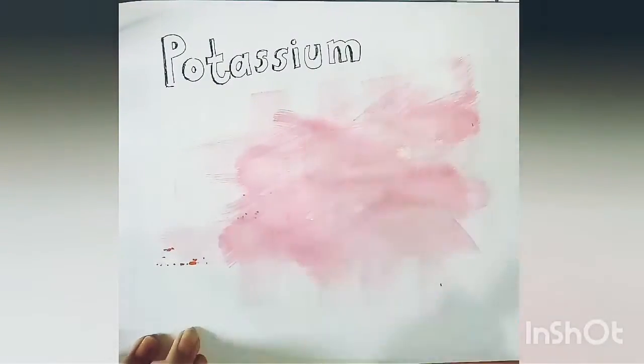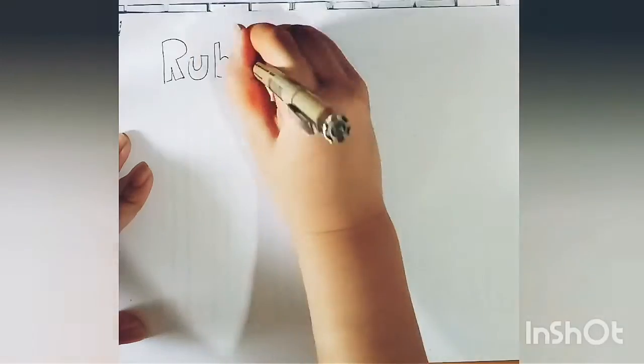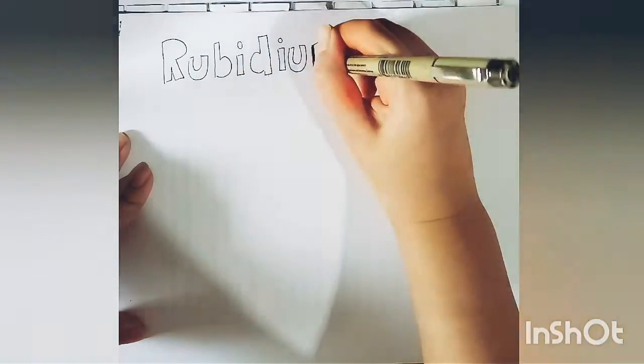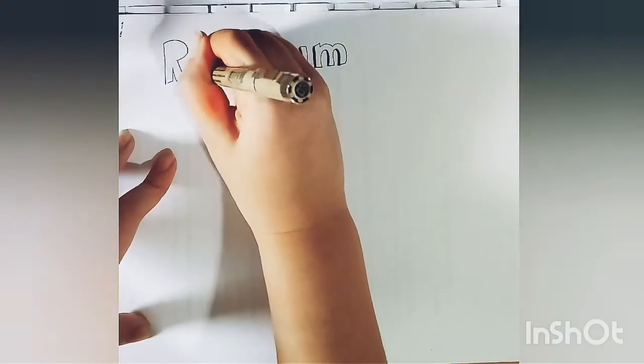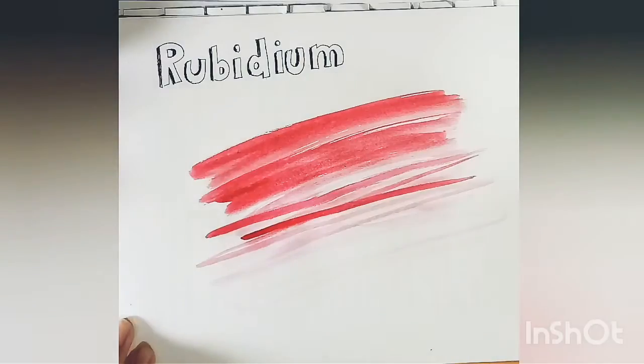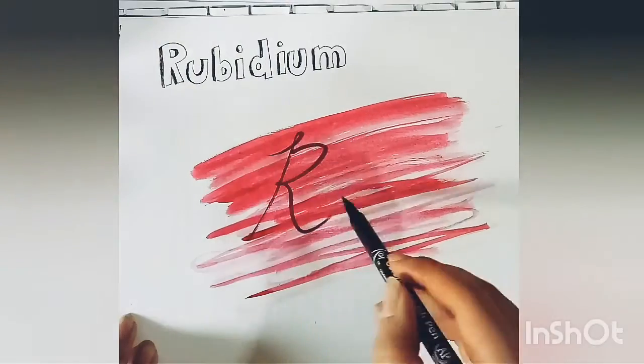Rubidium produces a reddish-violet color. Cesium produces a blue-violet color.